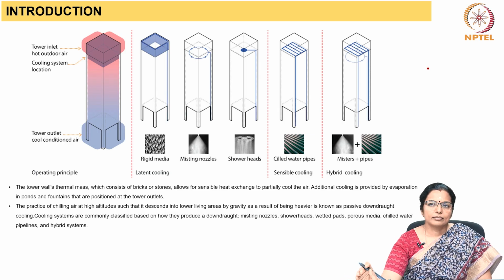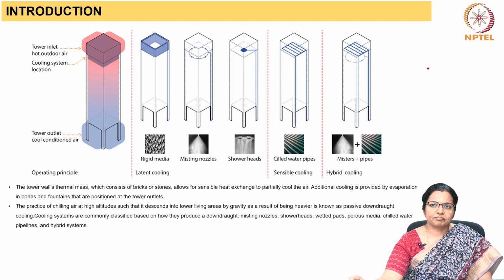So, the tower walls' thermal mass, which consists of bricks or stones, allows for sensible heat exchange to partially cool the air. Additional cooling is provided by evaporation in ponds and fountains that are positioned at the outlets of the tower.